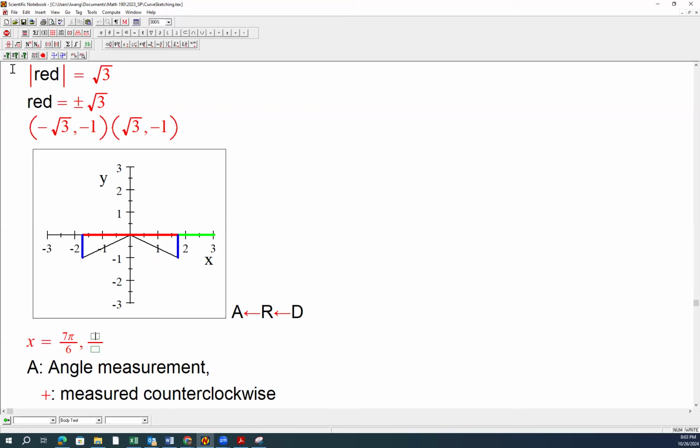That's 11 pi over 6. You measure 2 pi subtracting pi over 6. That's how we get 11 pi over 6.